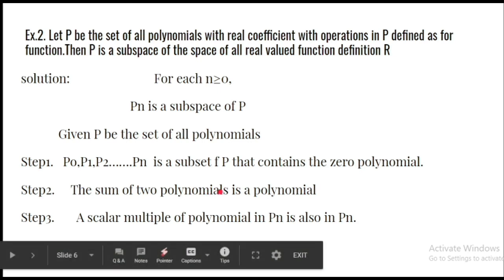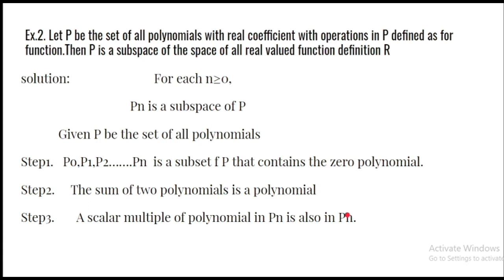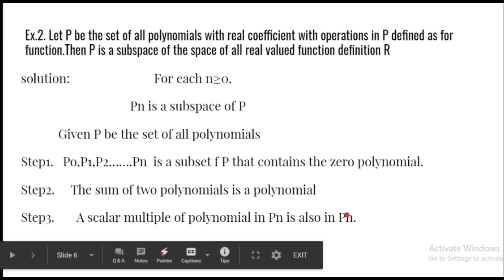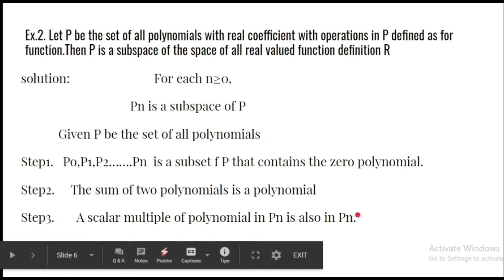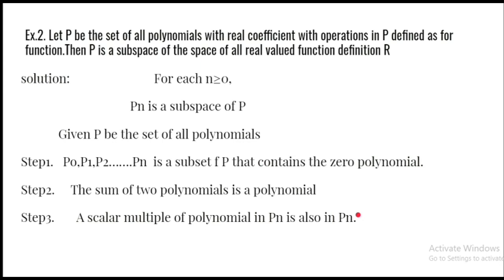We can add any two polynomials and we are going to get a polynomial. Step 3: if we take a scalar multiple of a polynomial in Pn, it is also in Pn. For example, x squared plus x plus 1 is a polynomial of degree 2. Now if it is multiplied by 2, we get 2x squared plus 2x plus 2. So it satisfies all three properties, so we can say this is a subspace.